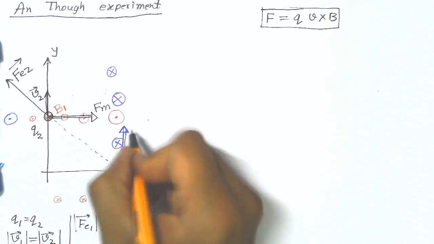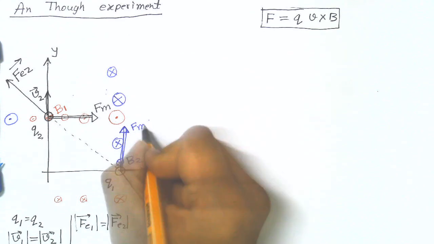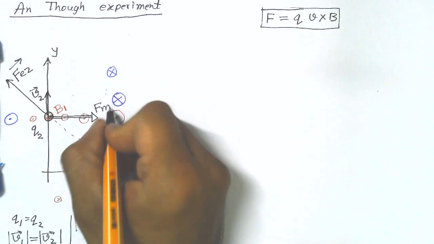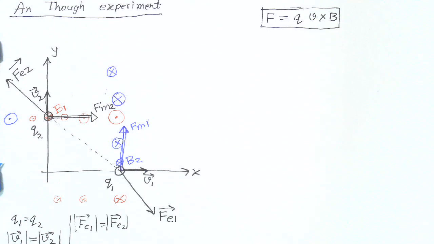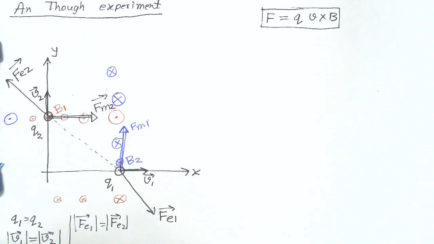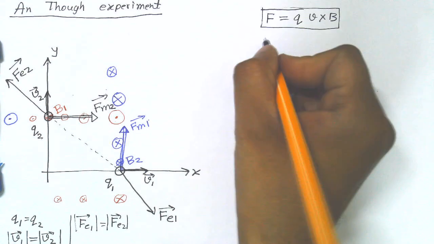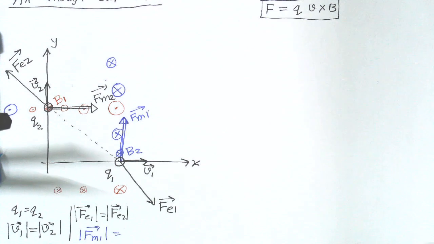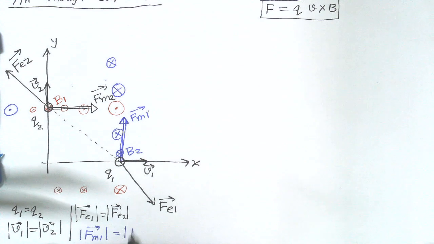Let me call this Fm1, and the previous one I call Fm2. Fm2, and this is Fm1. I can easily see that the magnitude of Fm1 is the same as the magnitude of Fm2.